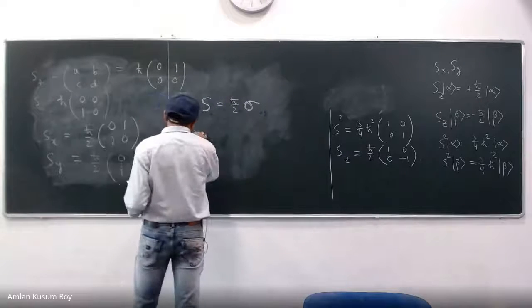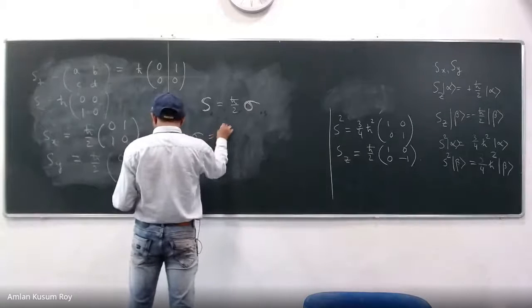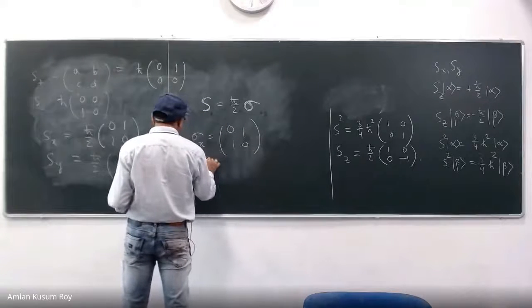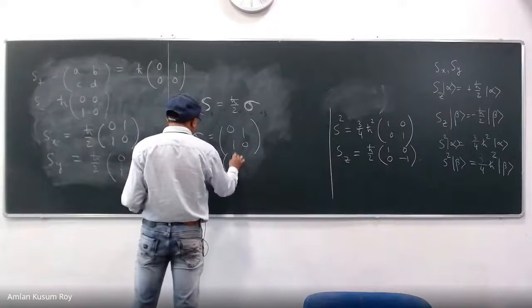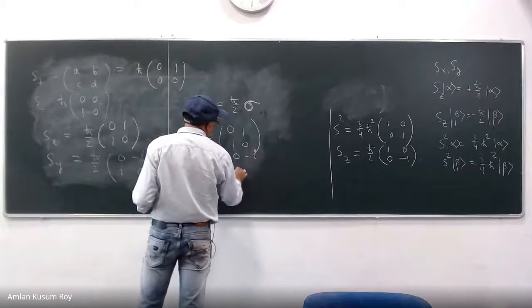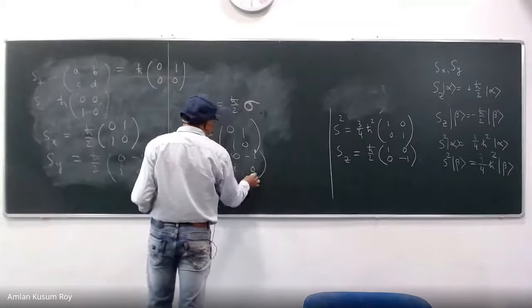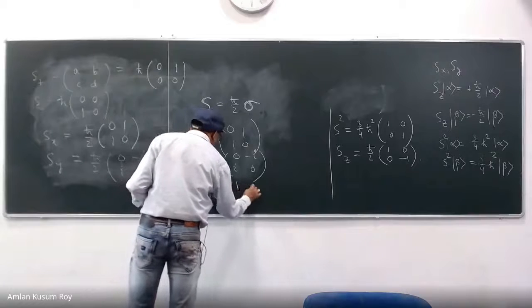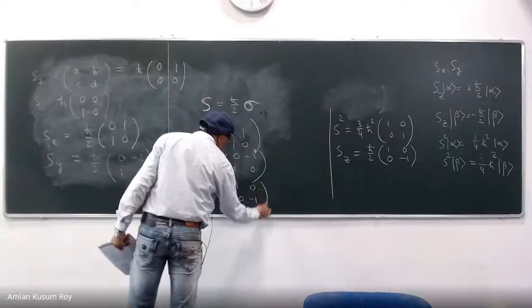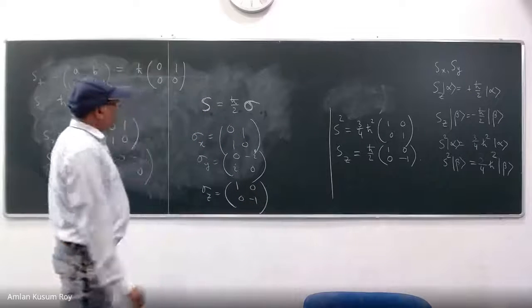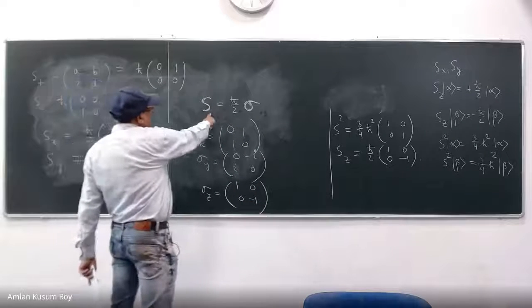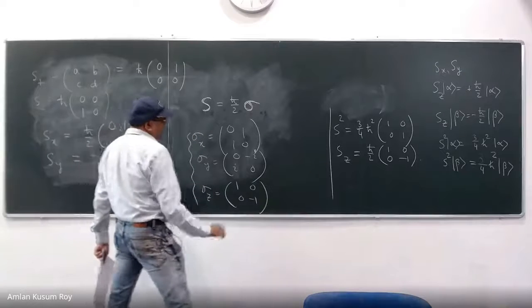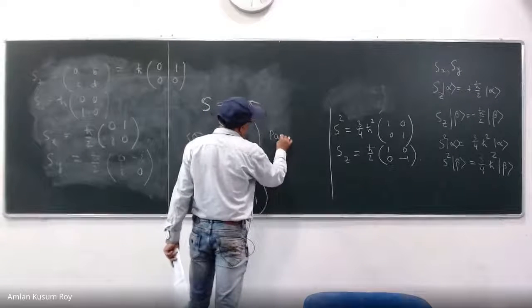Where sigma x is 0, 1, 1, 0, sigma y is 0 minus i, i 0, and sigma z is 1, 0, 0, minus 1. So these sigma x, sigma y, sigma z are called Pauli spin matrices.